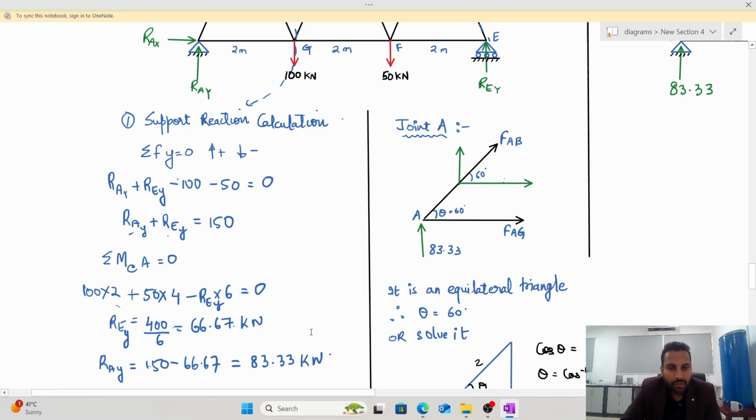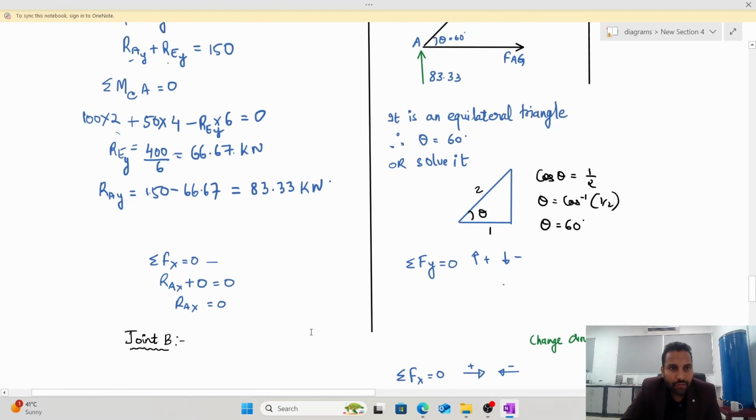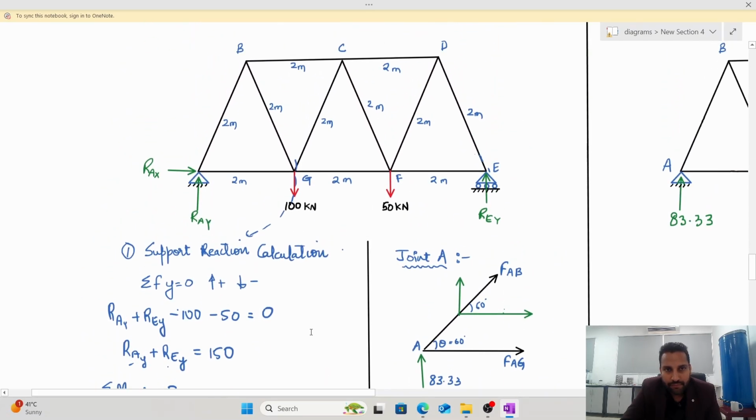So, this is your first step to calculate reaction. Once you have the reaction, then the same process as what we have done earlier, you can analyze joint after joint. This was joint A, we will analyze joint A first.